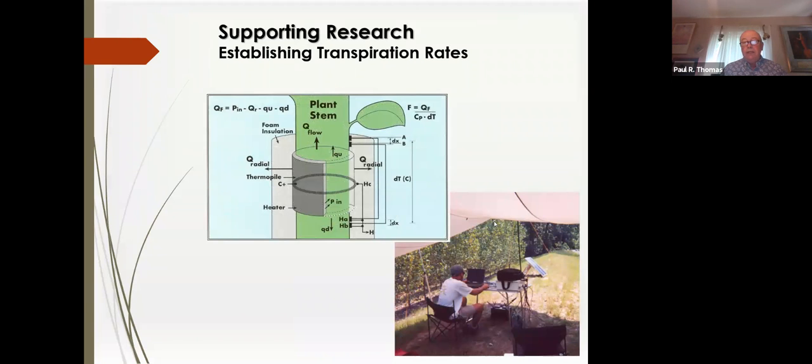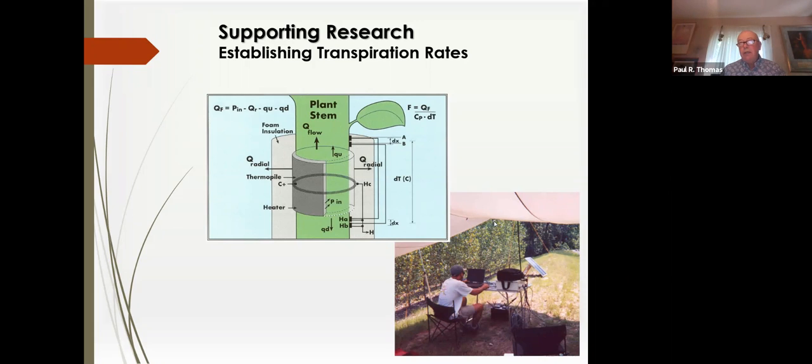So what we did was actually directly measure sap flow, and I'm not going to get into the math here of how this was done, but the simplest way to explain how this works is that there is a heat source that either is wrapped around a plant stem or a heat source that goes right into the sap wood.